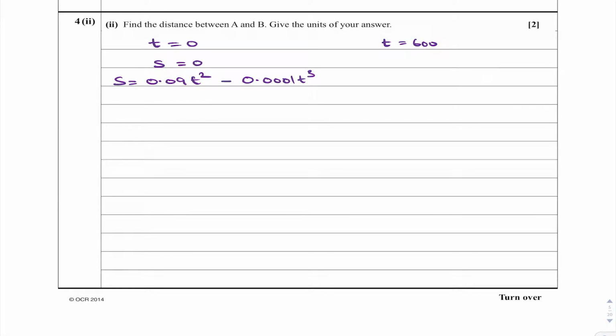Now I need to find s when t equals 600. So now I need to substitute t equals 600.